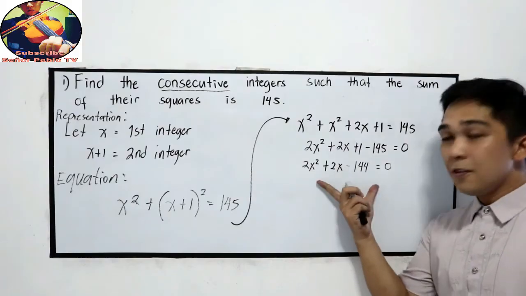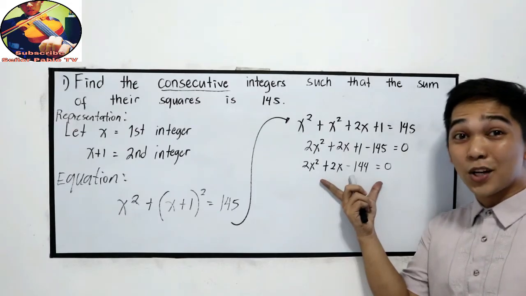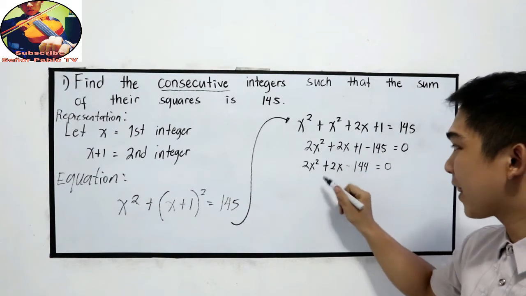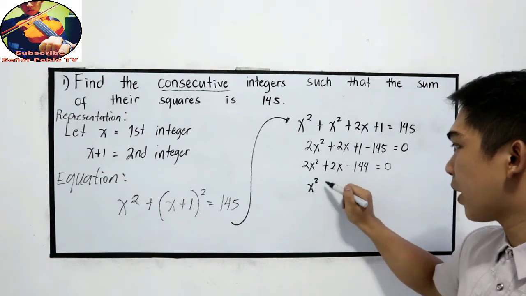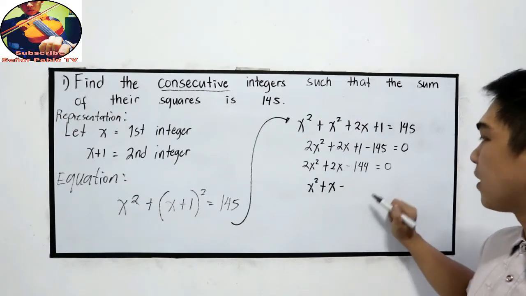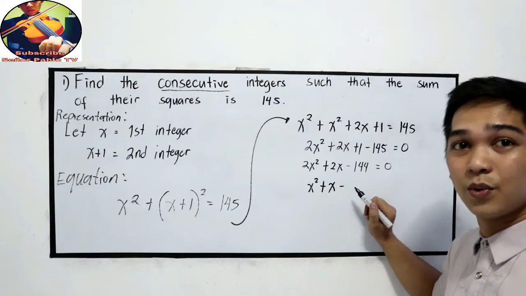Check natin yung ating equation. Divisible siya ng 2. So, pwede natin siyang i-reduce. Divide the equation by 2. So, mangyayari, x squared plus x minus 144 divided by 2.